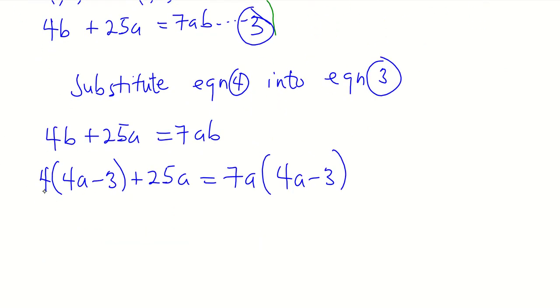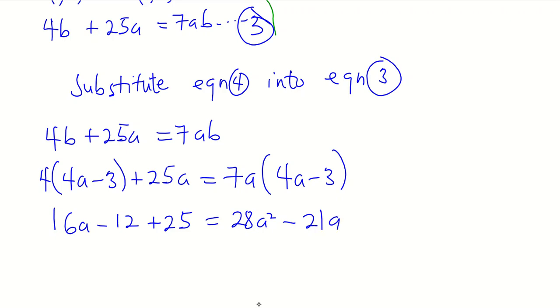Now when 4 multiplies 4, we get 16, so that is 16A minus 4 times 3 gives us 12, plus 25A, which is equal to, now when 7 multiplies 4, we get 28, and so we have 28A squared, that is A times A, and we have here minus 21A.